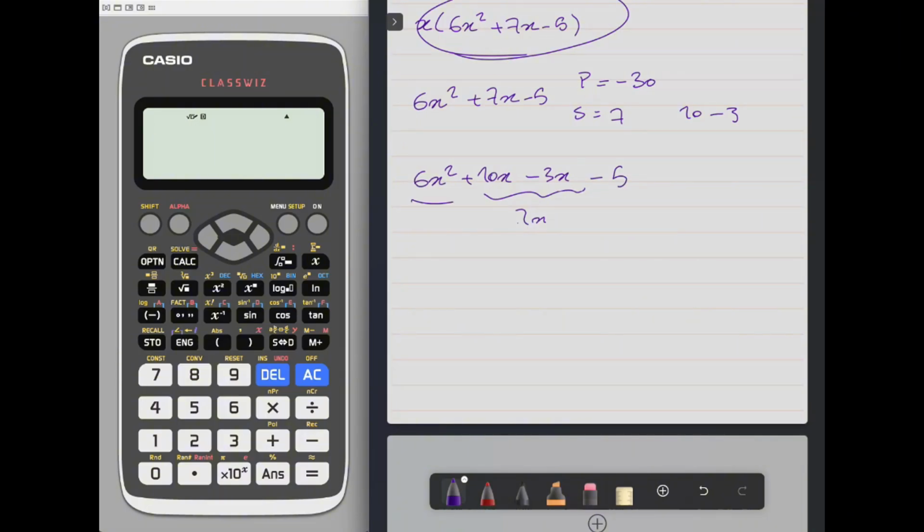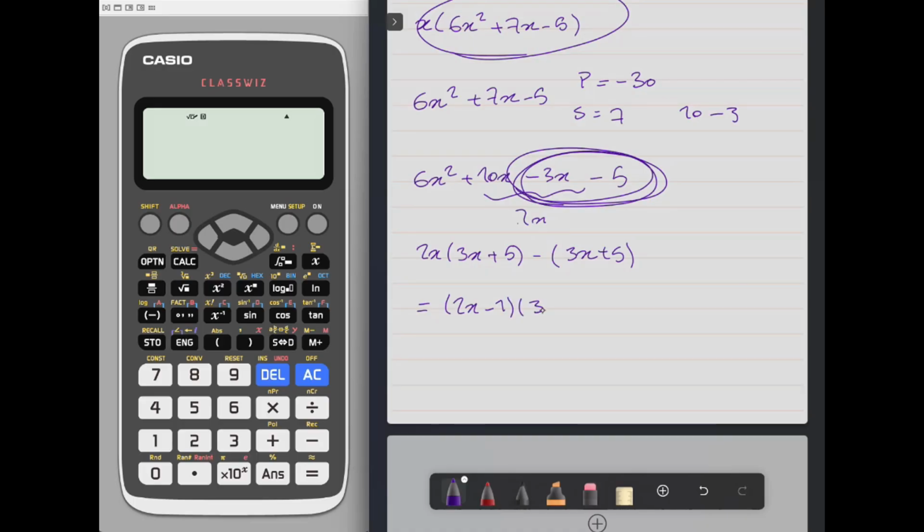So you're going to factorize this. It's going to be 2x times 3x plus 5, and you're going to factorize a minus 1 from the rest: minus 1 times 3x plus 5. And now you're going to factorize 3x plus 5 from the two terms, which is going to be 2x minus 1 times 3x plus 5.